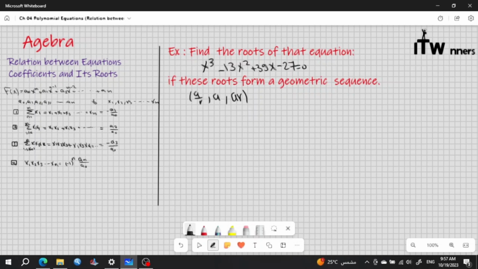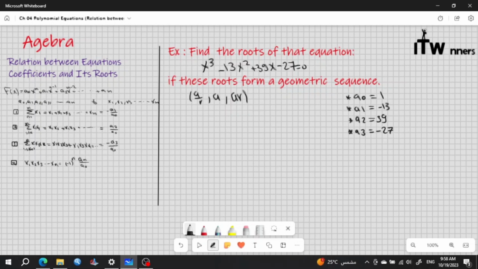Okay. Here we have a0 equal to 1, a1 equal to −13, a2 equal to 39, a3 equal to −27.